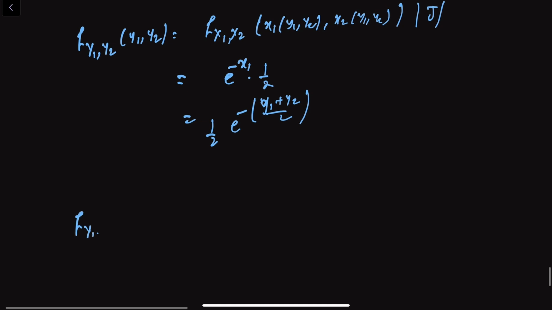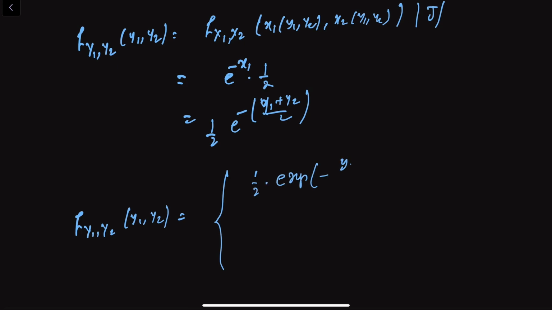So that would be our joint density of y1 and y2. So half into e to the power of minus of y1 plus y2 by 2, where y2 is greater than or equal to 0, and y1 is greater than or equal to y2, and 0 otherwise.